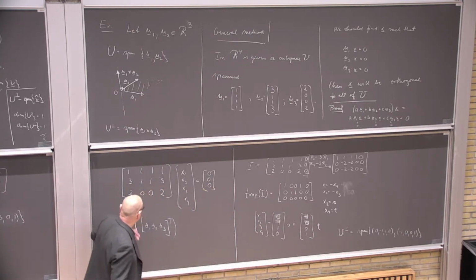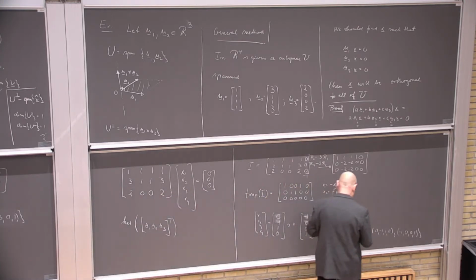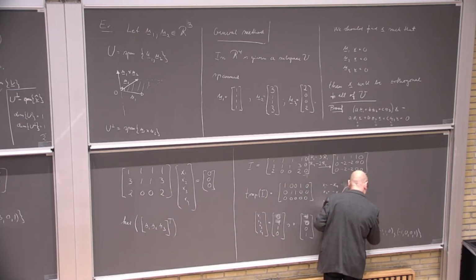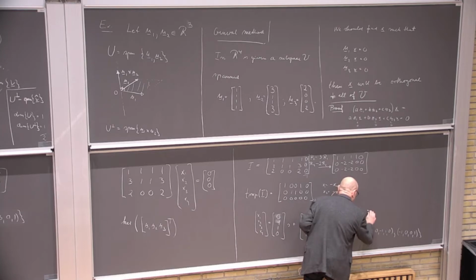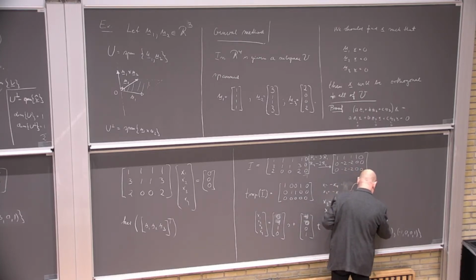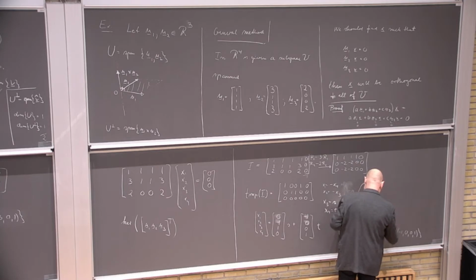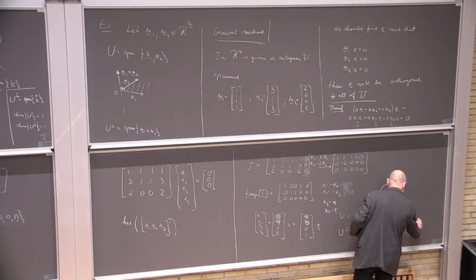So I could choose the first 2 vectors, and I write here that U is the span of 1, 1, 1, 1, and the other vector here, which is 3, 1, 1, 3.